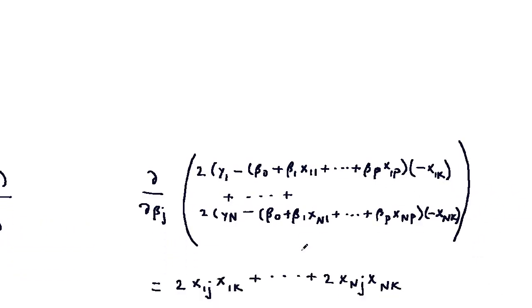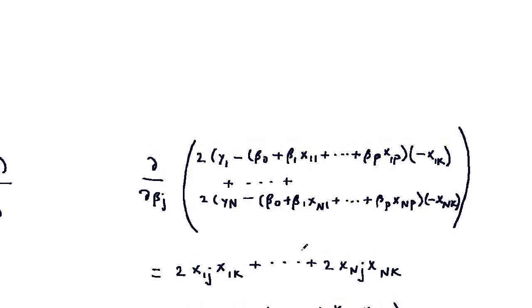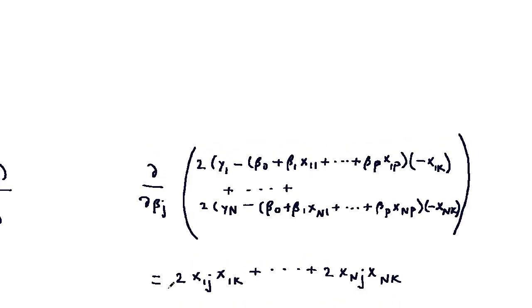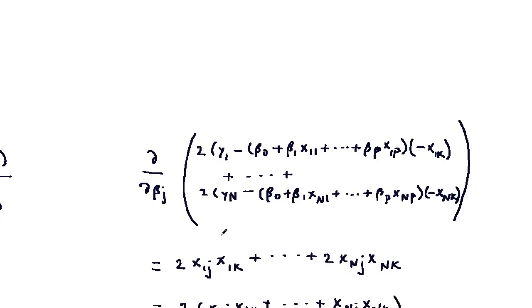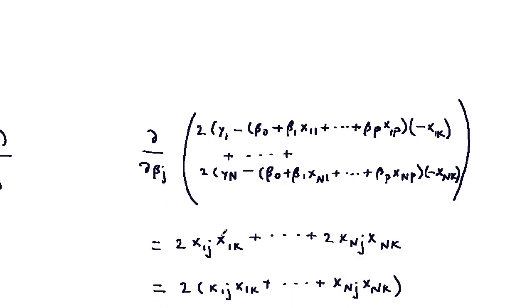And that's equal to 2 times x1j x1k plus dot dot dot plus 2 xnj xnk. So factoring the 2 out, we get this.